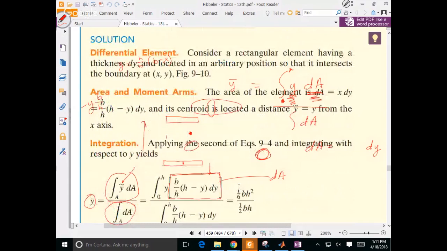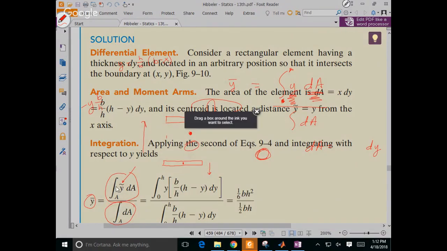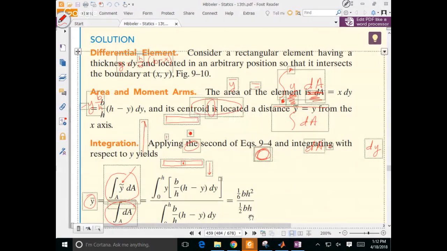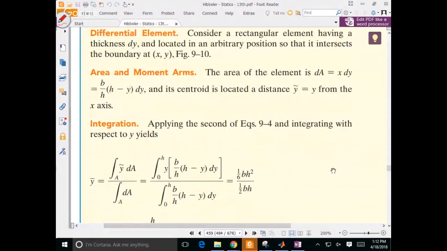The reason being is you want to get rid of it because you want the function to be a function of y right here and a y right there. So you're basically going through the process and trying to decipher these. Let me just get rid of everything now. And all you're doing is integrating.